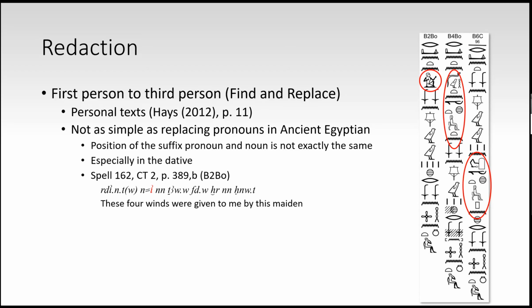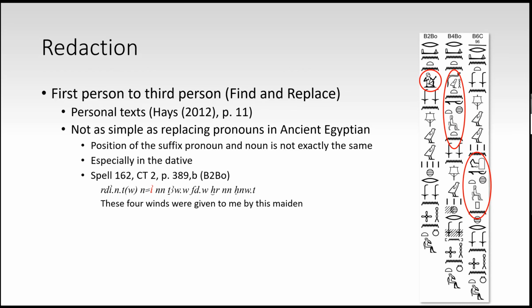And one of the reasons I chose this is because B2BO and B4BO belong to generally the same assemblage. So B2BO belongs to Duty Nacht, the male, and B4BO belongs to Duty Nacht, the female. So there were a pair of people that were named the same, but with different gender.